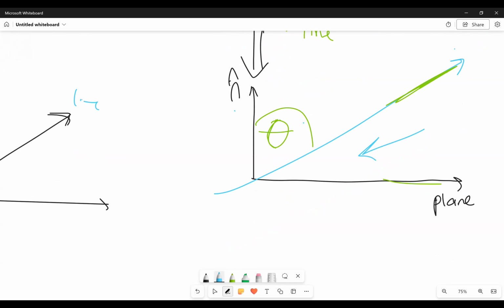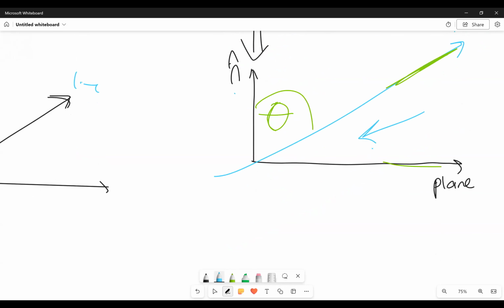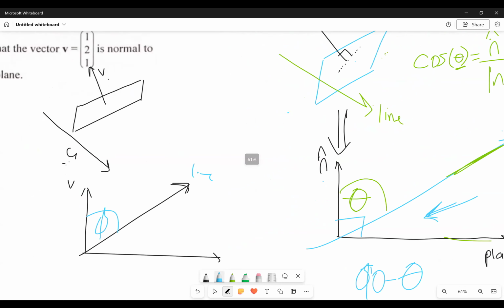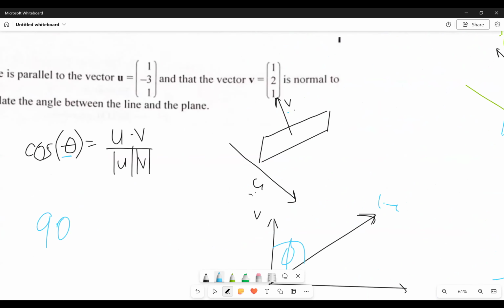Since this entire thing is 90 degrees, this angle is going to be 90 minus whatever we found. Good. So that's what's important there. That's the only thing I need to say on that part.